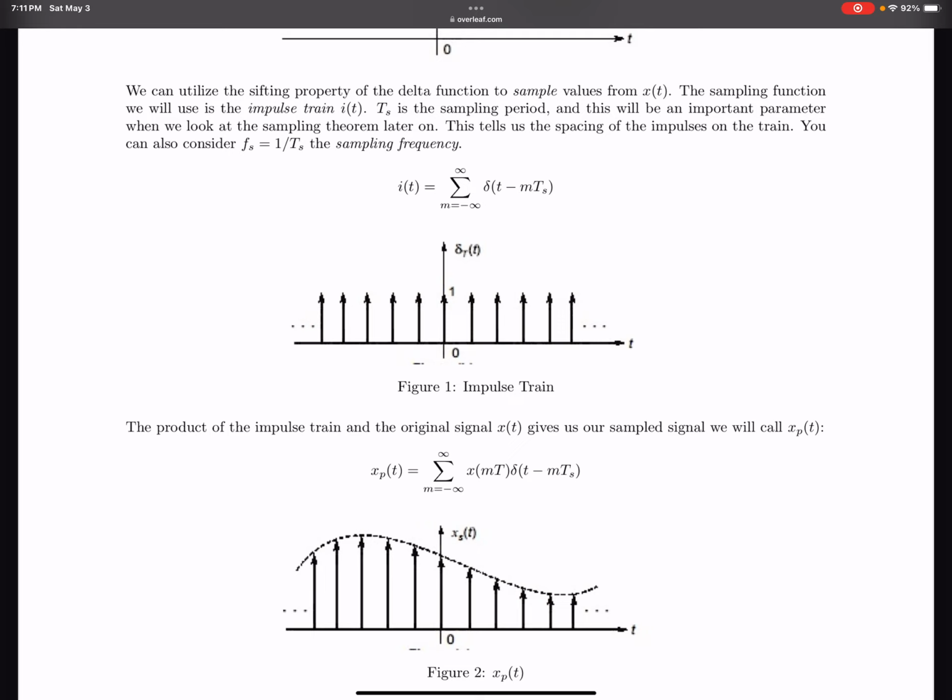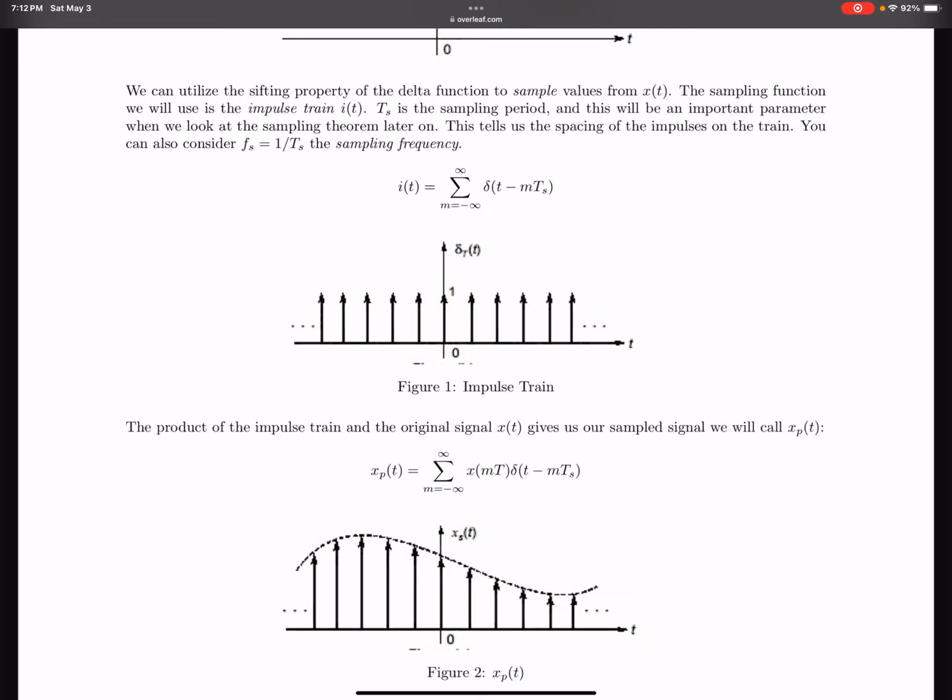As we'll see later, when we talk about the sampling theorem, this is a very important parameter to keep track of. Equivalently, we can think about this as a sampling frequency, which we'll also talk about. I(t) is given by an infinite sum of delta functions spaced out at integer multiples of the sampling period.